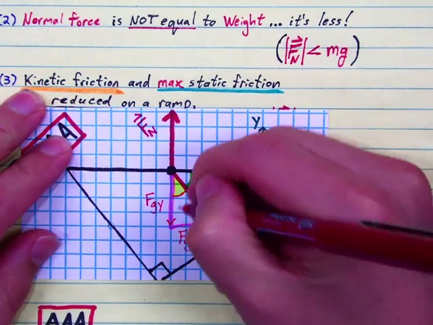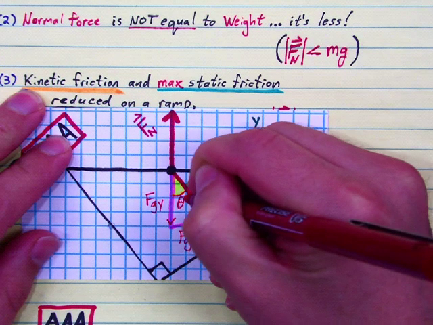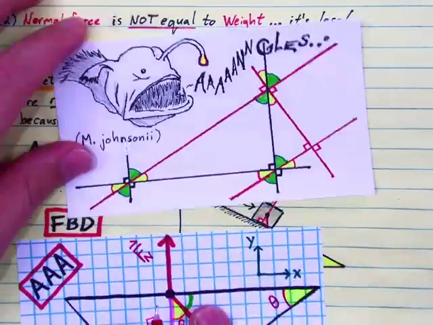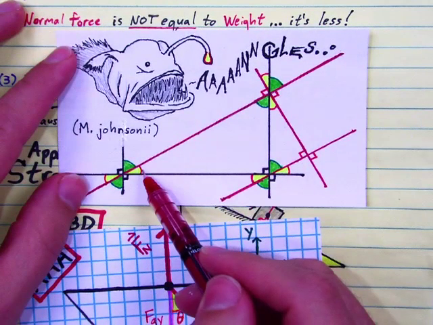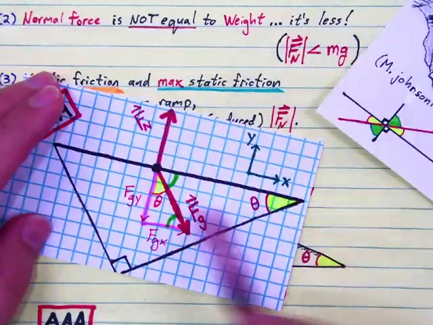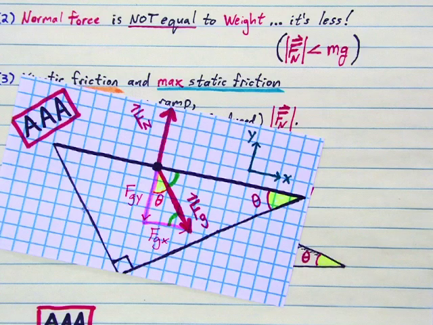And we've concluded that this is also equal to theta right there. In this diagram here, we'd be saying that this angle is congruent to that angle right there. And that's the key we need to continue the analysis.